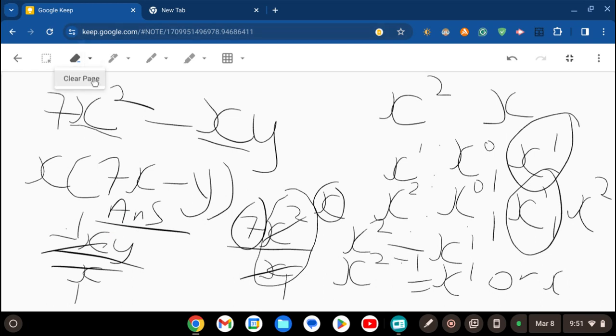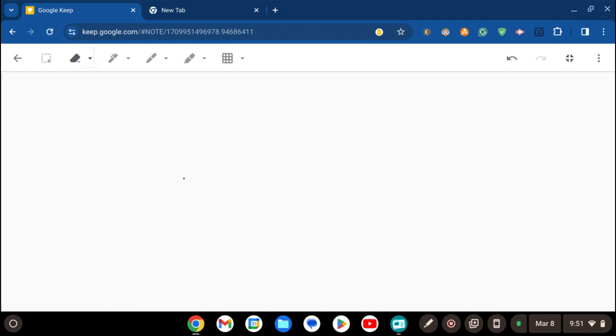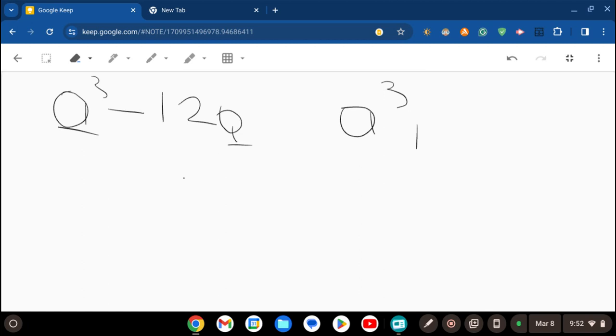Let's go to another example. This one is question C6: a cubed minus 12a. As usual, we'll take out what's common to both. What's common between a cubed and 12a is the a, so the letters have something in common. We need to find the HCF between a cubed and a. The factors of a are a to the 0 and a to the 1.